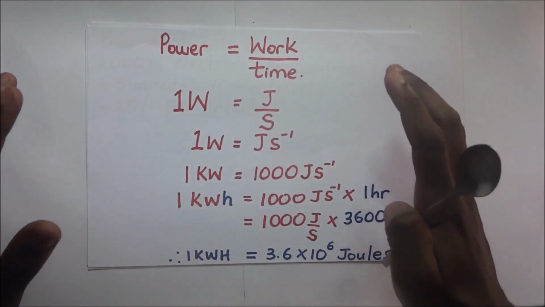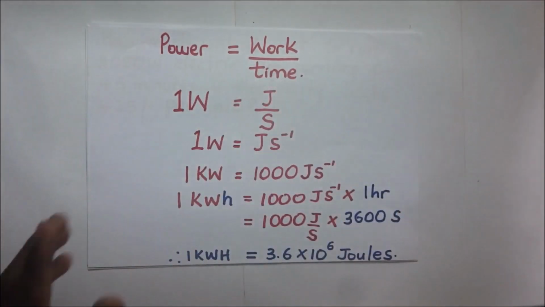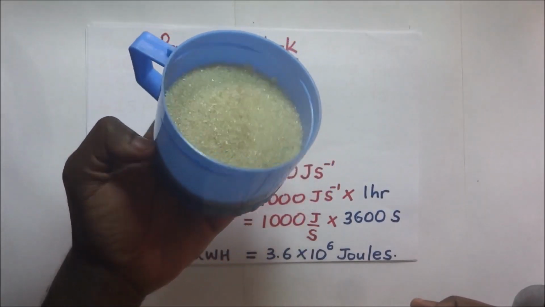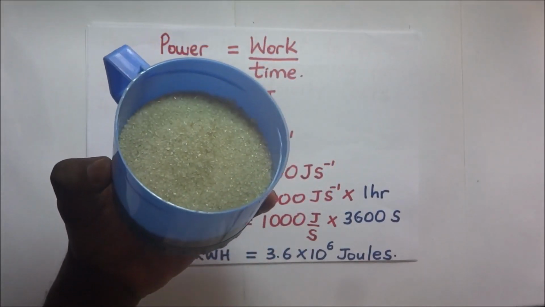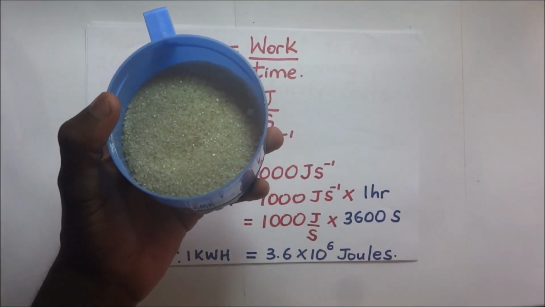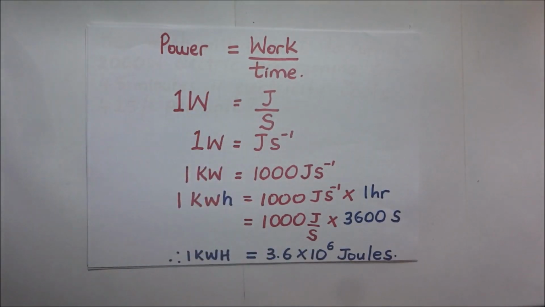So when I have 1,000 watts collected, that is equivalent to this cup. So it means I will be selling electricity in terms of 1,000 watts. So I create a standard and say that 1,000 watts of electricity is equivalent to 1 unit of electricity.